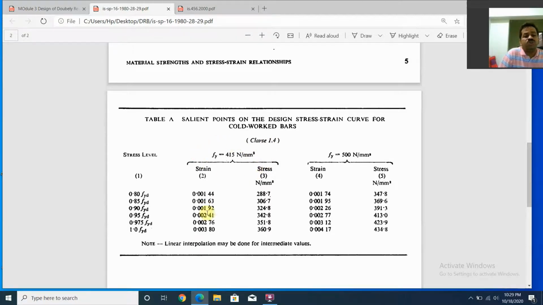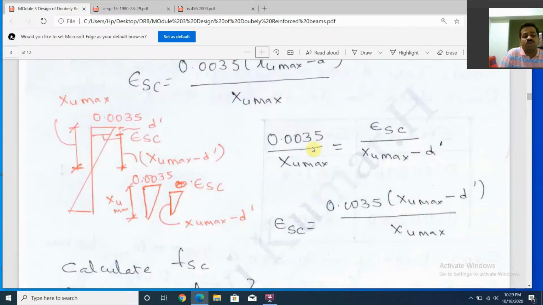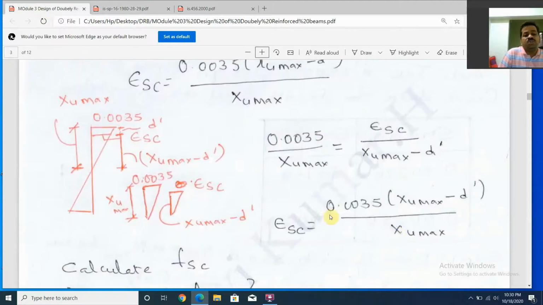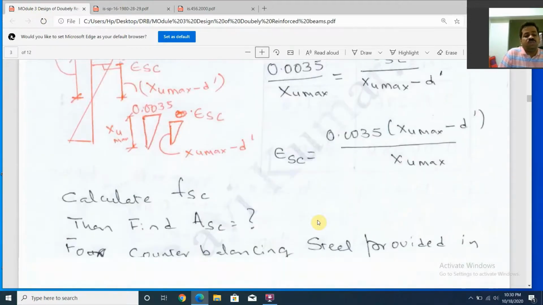For each value of strain that you calculate here, you can find the stress. And in the case of Fe 500, you can find the strain and find the stress. If the value is in between, you can do interpolation. So that's the basis of finding FSC.